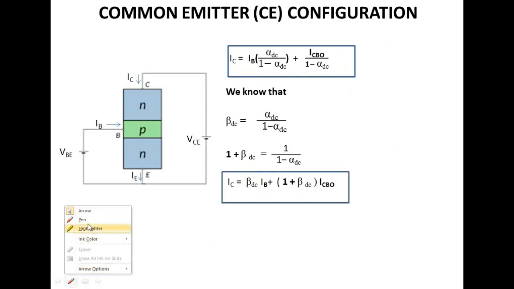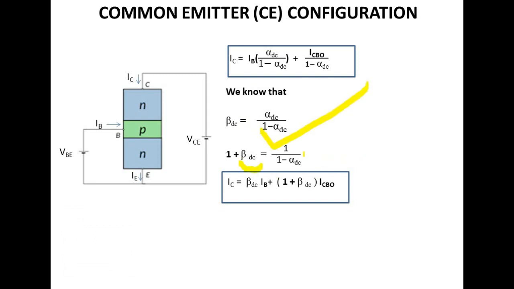Now we have two relationships. One is beta DC that we already know, and other is that 1 plus beta DC is equal to 1 over 1 minus alpha DC. We know that alpha DC upon 1 minus alpha DC is equal to beta DC, and 1 upon 1 minus alpha DC is equal to 1 plus beta DC.